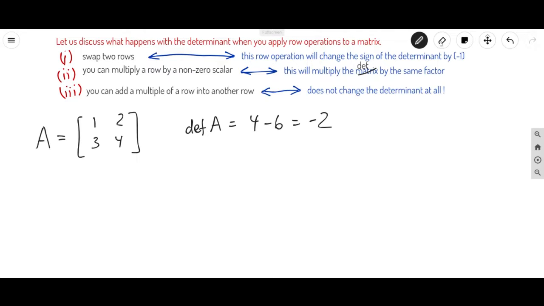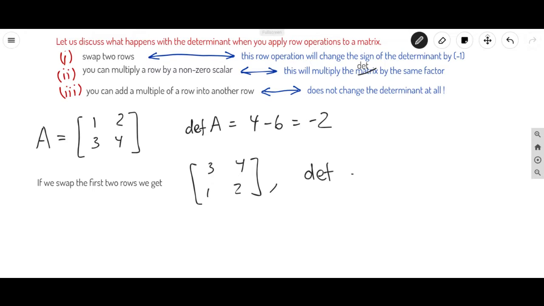Okay, so that's the determinant of A. Now let's see what happens if we swap the first two rows. Here's what happens if we swap it. We have 3, 4, 1, 2.